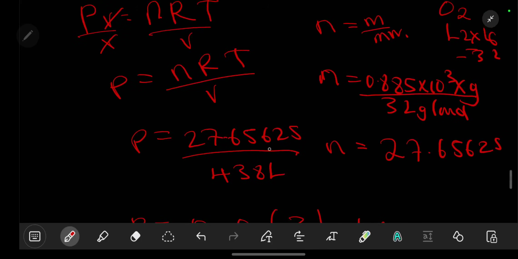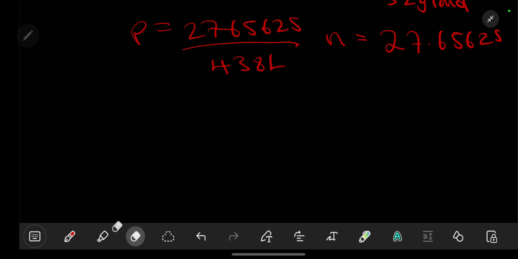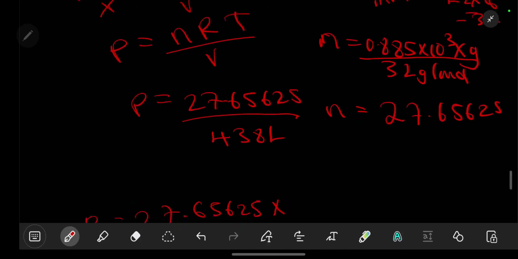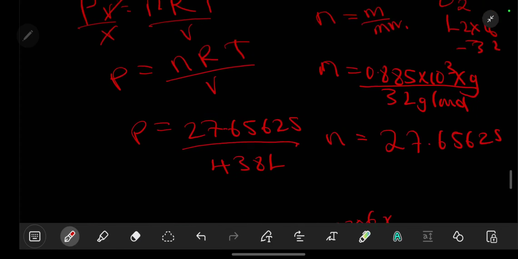Oh, we have just put the number of moles there. So pressure is equal to, not like this. We have pressure should be equal to the number of moles, 27.65625, times the universal gas constant, which is 0.08206, times our temperature.